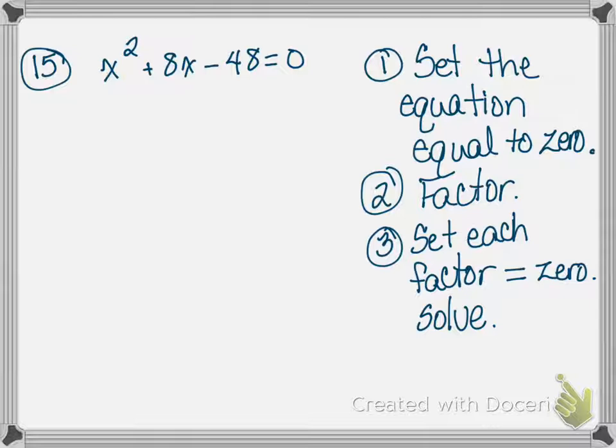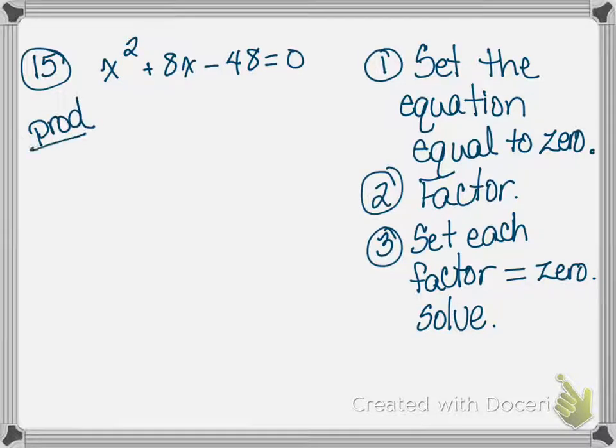We have x squared plus 8x minus 48 equals 0. This one is already set equal to 0, so we're going to go on to part 2, which is where we factor. Now this trinomial has a 1 in front of the x squared, so our product for this one, we are only looking at negative 48.